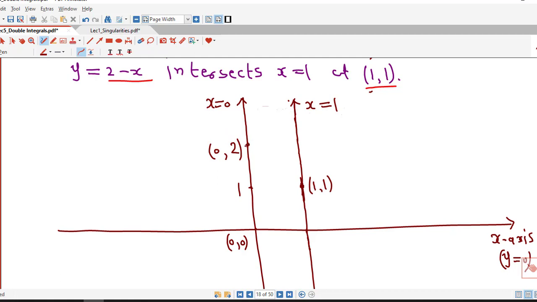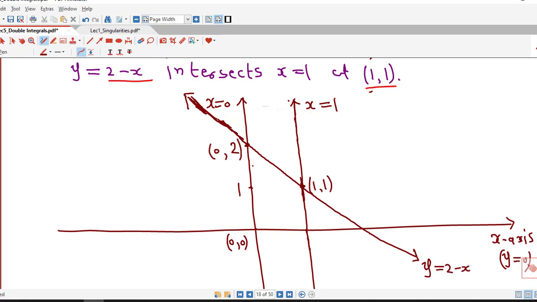After joining these two points we obtain that line, and we can extend this.